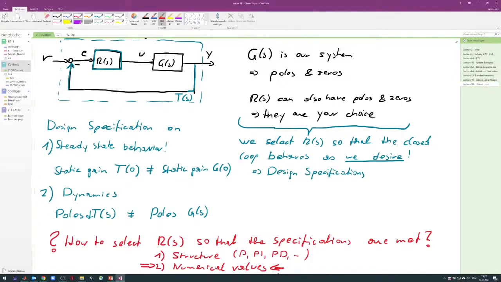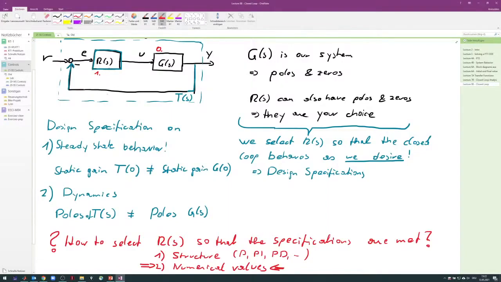So technically, your design approach for a controller is the following. You need to do the modeling, right? This is step 0. Sometimes, especially if you do aircraft control, you get a model, and the second part is you need to design the controller, and hopefully you have design specifications.